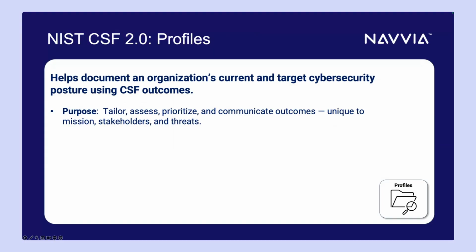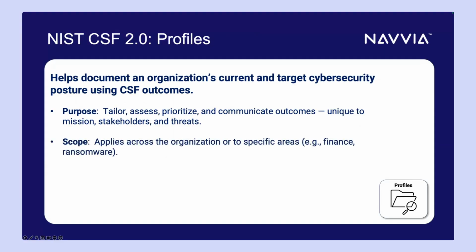So your outcomes for the teaching hospital, because it maintains patient data and is under the control of HIPAA, can be unique to that particular mission within your bigger company, right? So you can look at your profiles and your tiers not only company-wide, but unique to the mission, the stakeholders, and the threats.